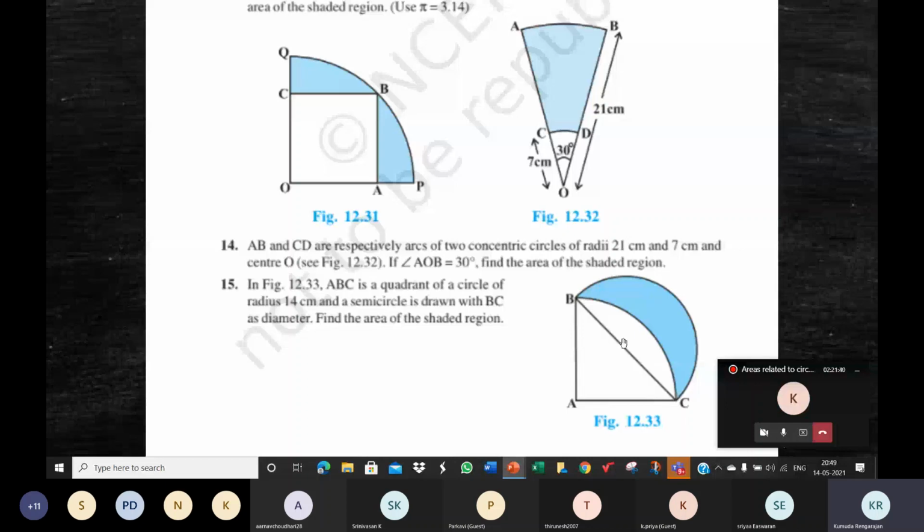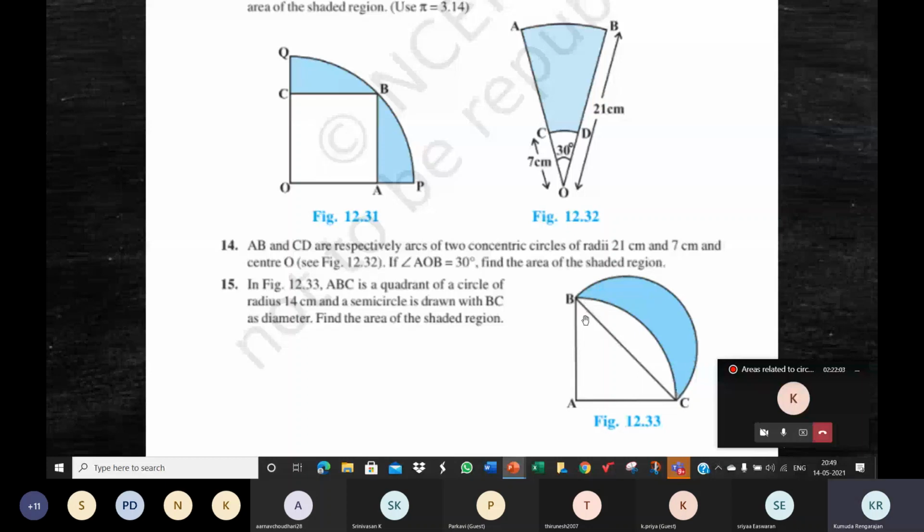Using Pythagoras theorem. Half of BC is the radius. The center of the semicircle is the midpoint of the hypotenuse.